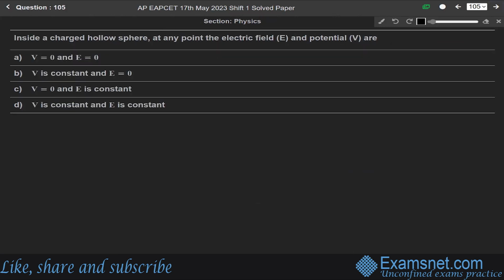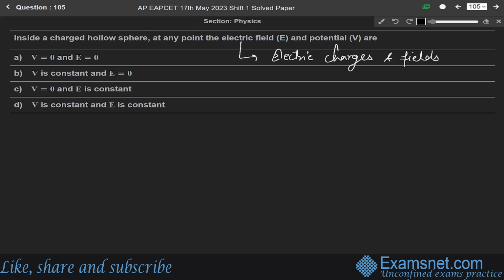Now next, question 105. Inside a charged hollow sphere, at any point the electric field E and potential V are. This question is again from the chapter of electric charges and fields.